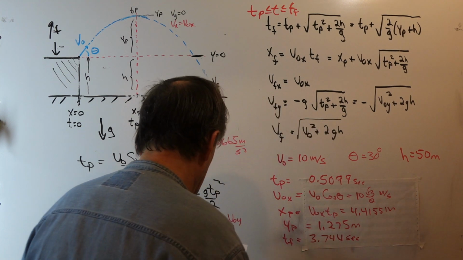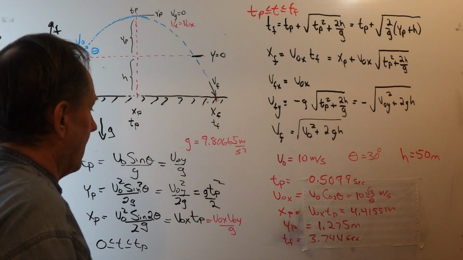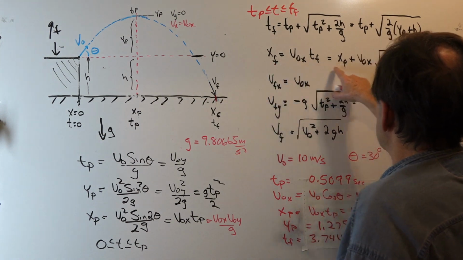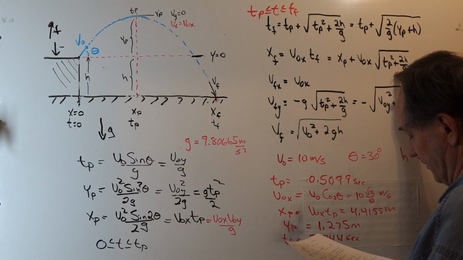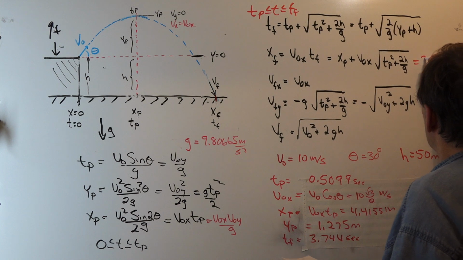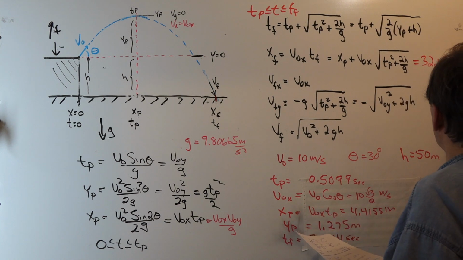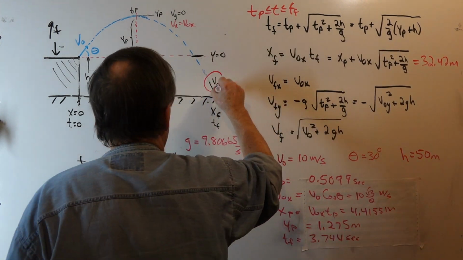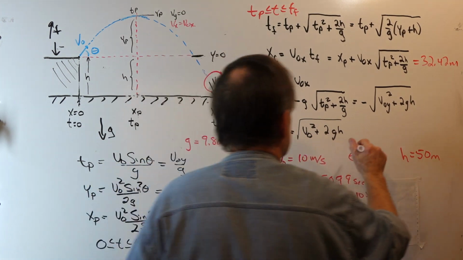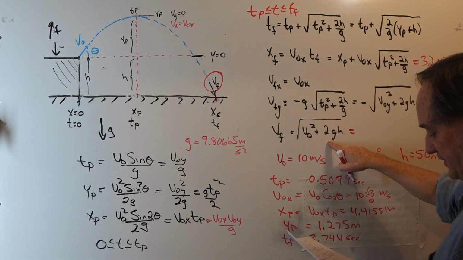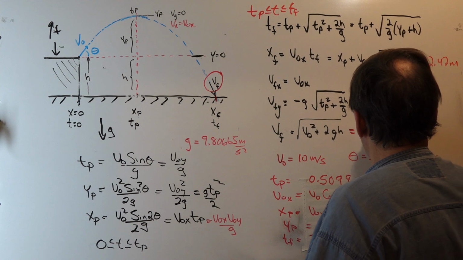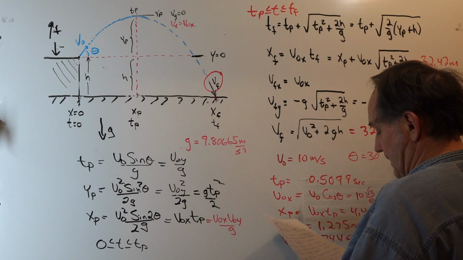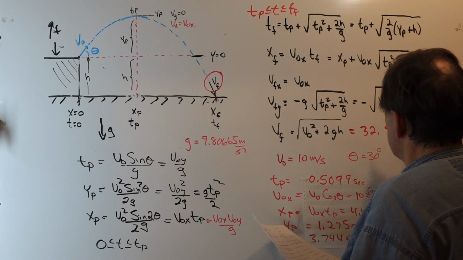I'm just rounding the numbers. How about how far does it travel in the x direction? Well, how far it travels in the x direction is given by this. And if I put in the numbers, this comes out to 32.42 meters. And how about the final velocity? Well, final velocity is the square root of v0 squared plus 2gh, and that works out to 32.87 meters per second.